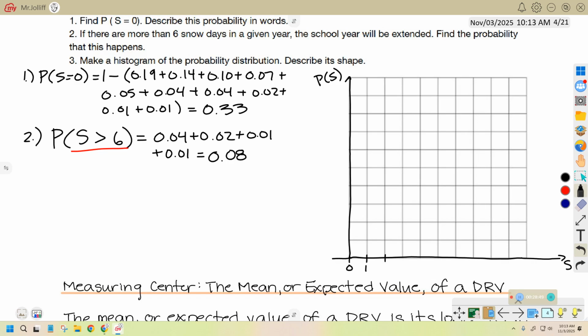Yeah. This will not look pretty. But I think that's probably the best way to do that. And then for my y-axis, what is the biggest probability? 0.33.